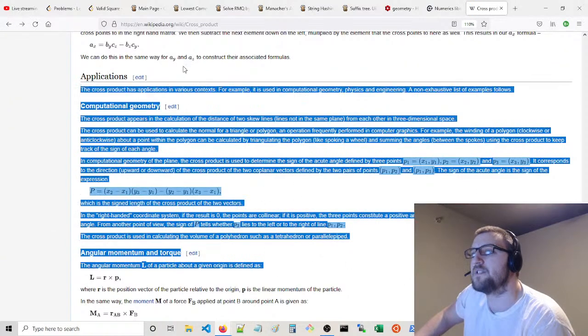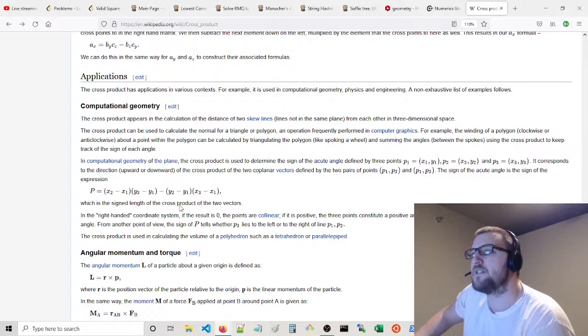Yeah, this is a nifty thing. This is actually what I'm referring to here. So you can calculate this signed length of the cross product of the two vectors.